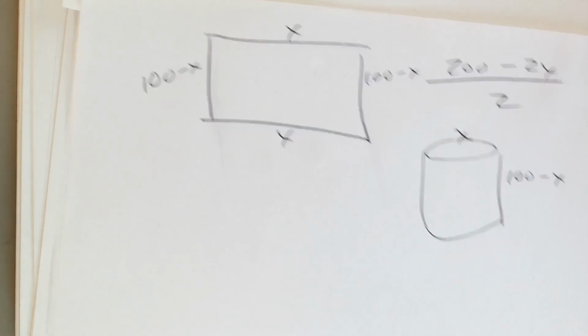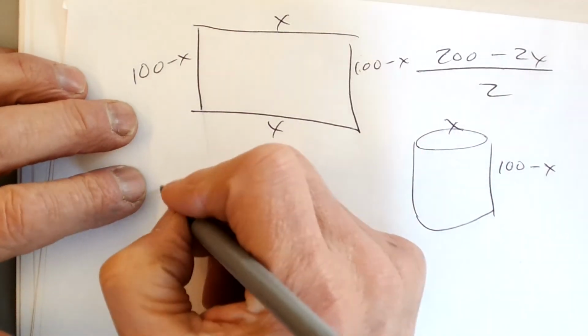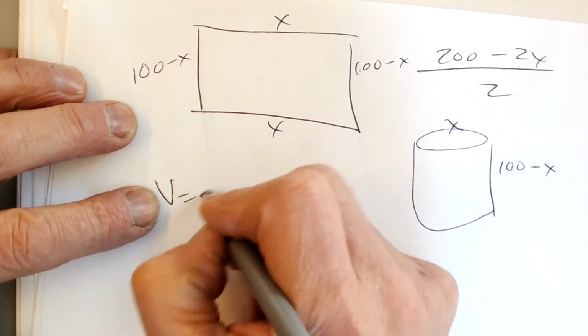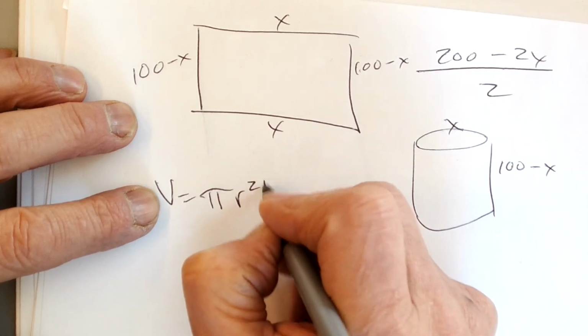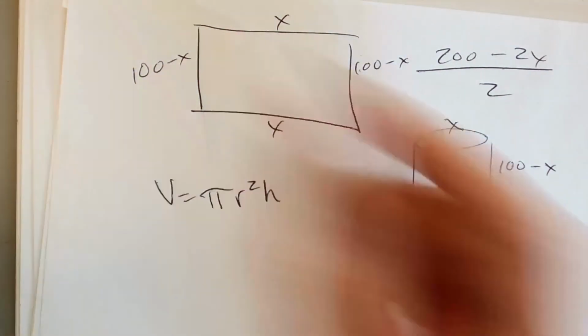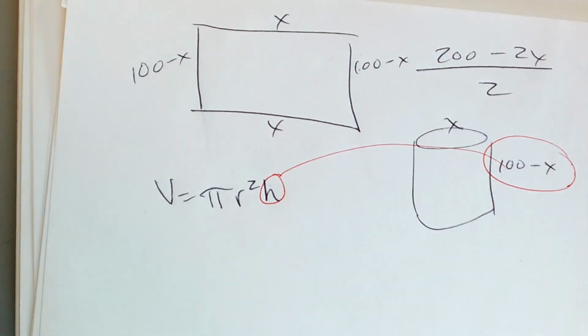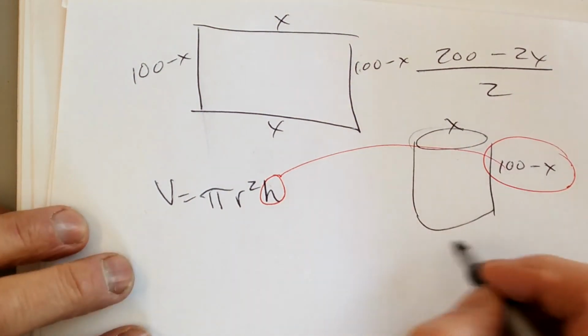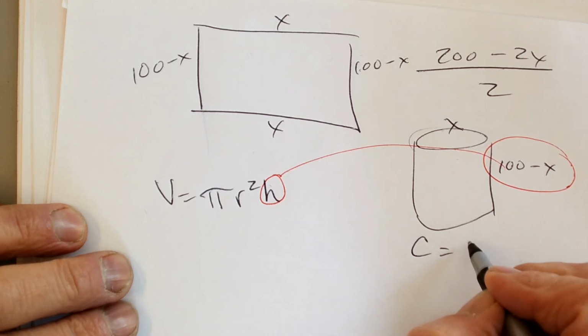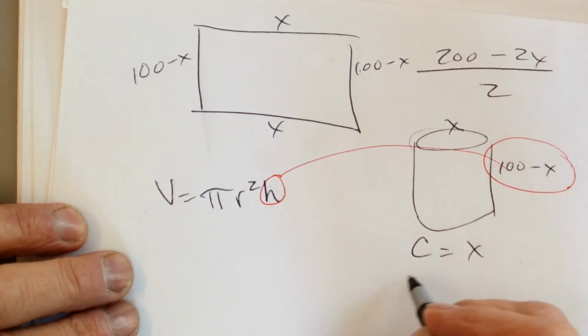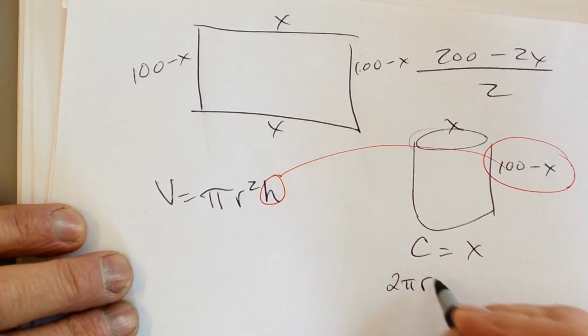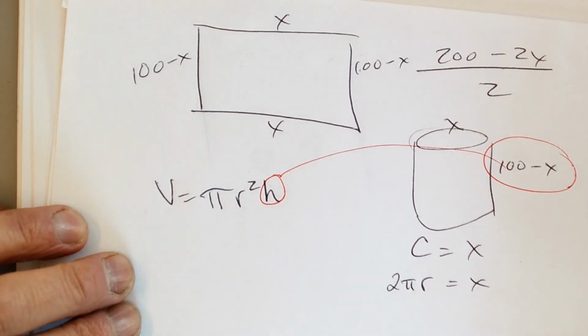Now, volume of a cylinder is pi r squared h. So I'm going to use my 100 minus x for the height. Now the radius is a little bit trickier because that's the circumference. I know circumference is equal to x, and the circumference formula is 2 pi r equals x.